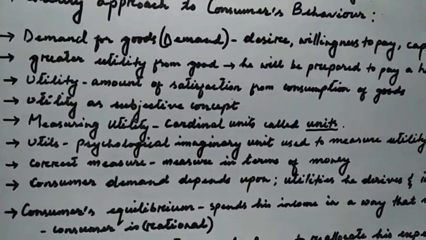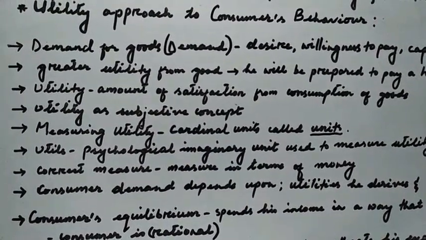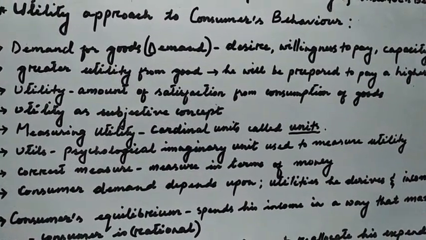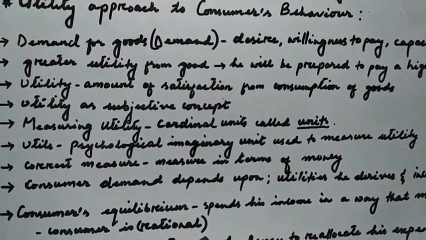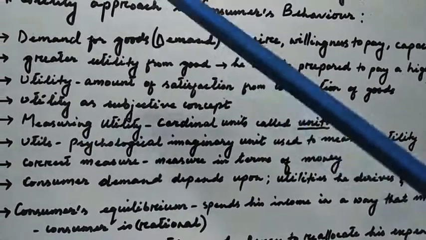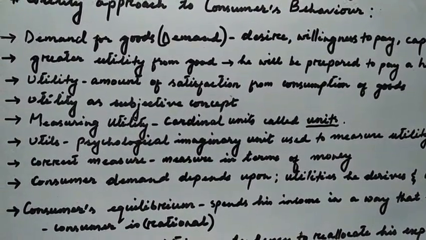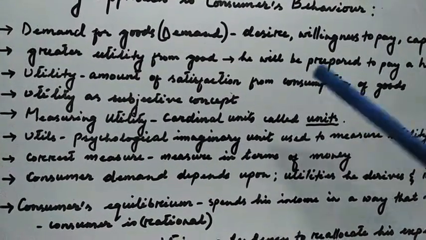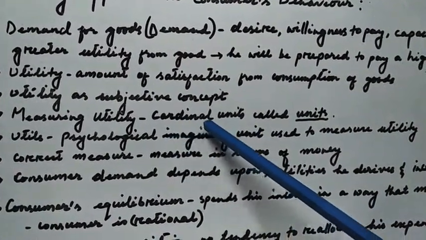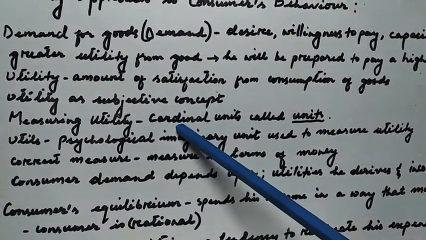So we need to somehow measure this utility. For measuring utility, famous economists like Marshall suggested that utility can be measured like temperature, humidity and all those things. So it can be measured cardinally. Utility is measured through cardinal units.